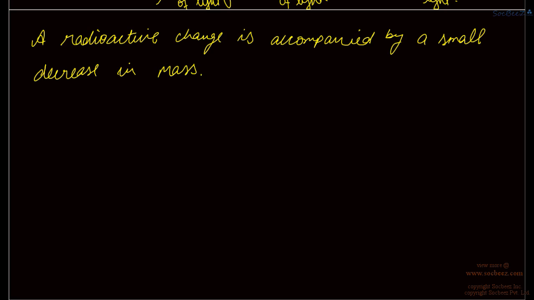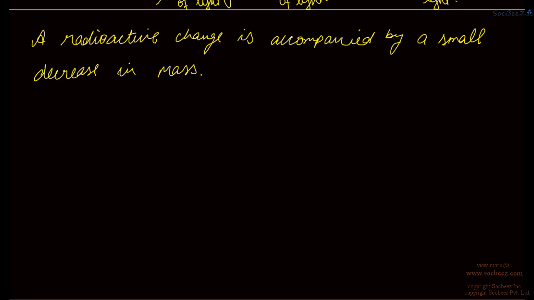Remember this fact. The lost mass appears as an equivalent amount of energy carried by alpha or beta particles and frequently by gamma ray photons. Therefore, it has been shown that elements with atomic number greater than 83 are basically unstable.